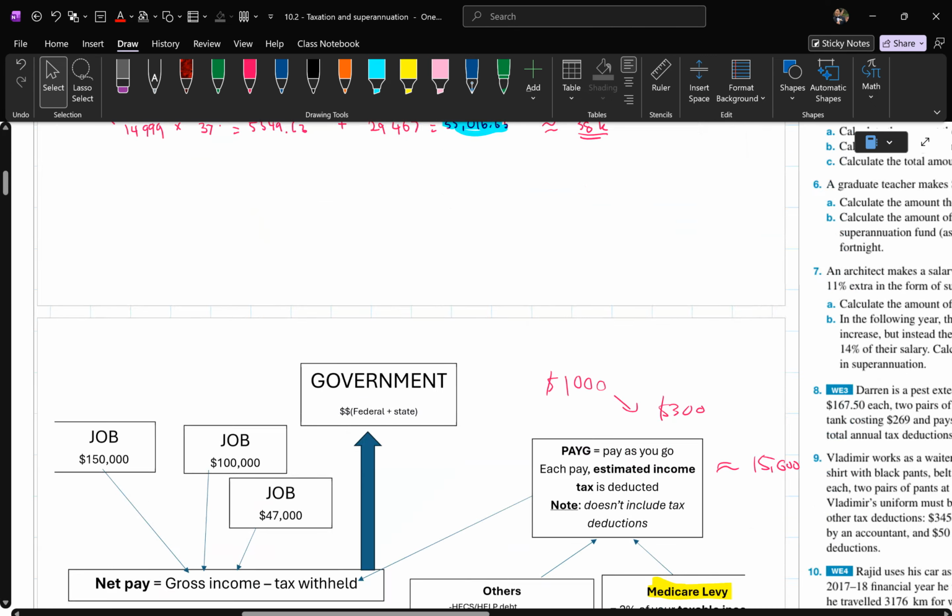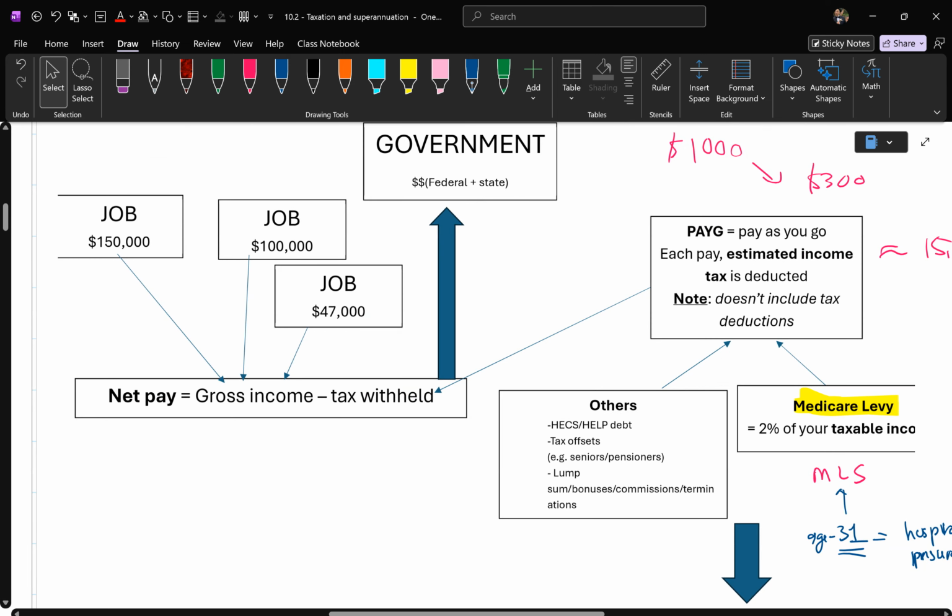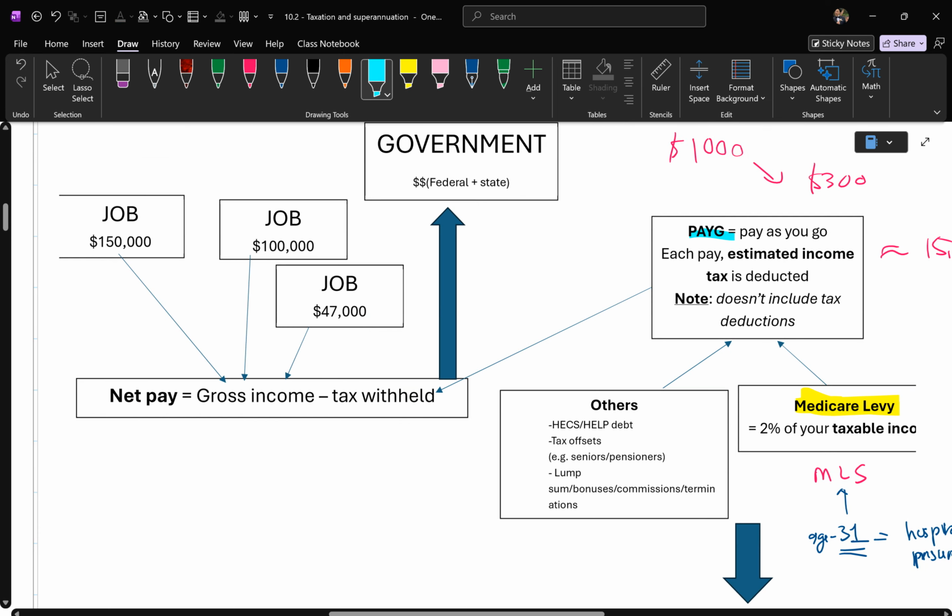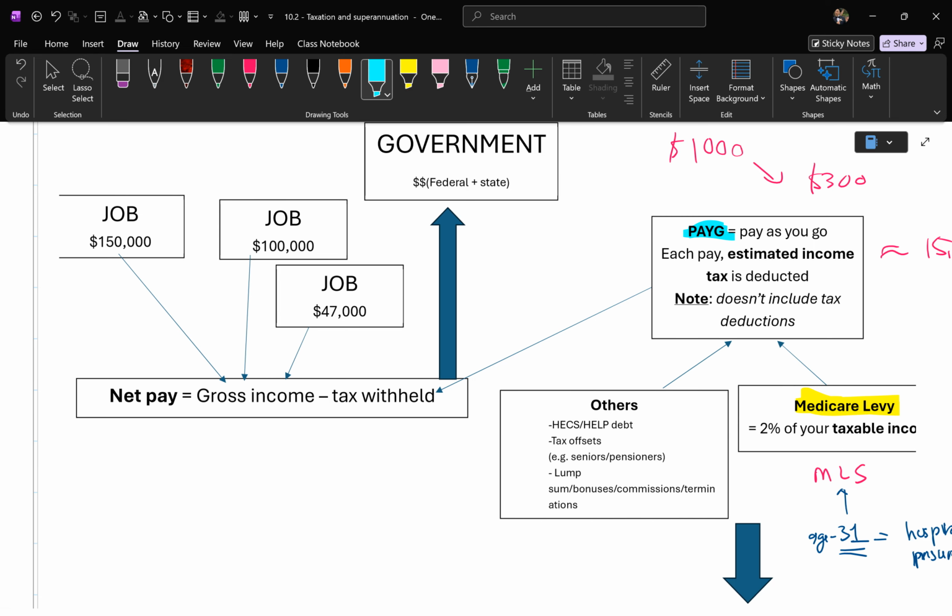And then if you see the questions in your textbook or exams, if they use PAYG, it just means your salary has some tax been given to government. Hands up if you understood that bit. PAYG is just tax from your salary each year, annually, gone to the government.